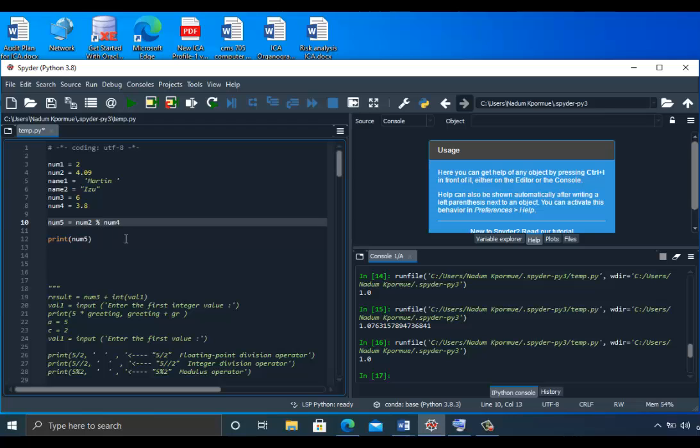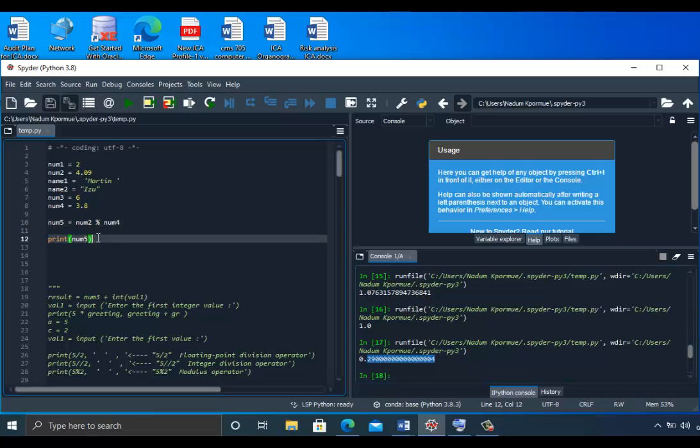So this will be interpreted as num2 modulus 4. Let's see what the result will be. We could see that it returned the decimal part.